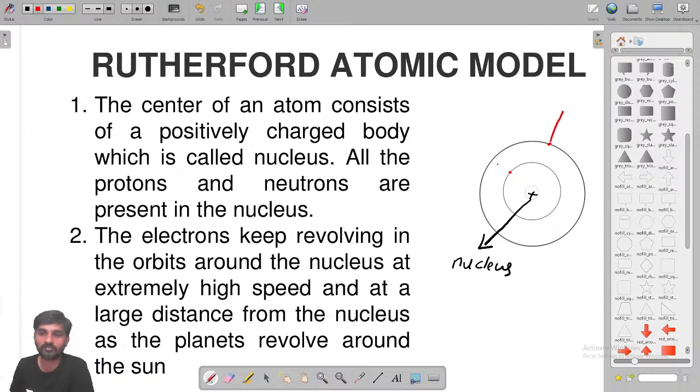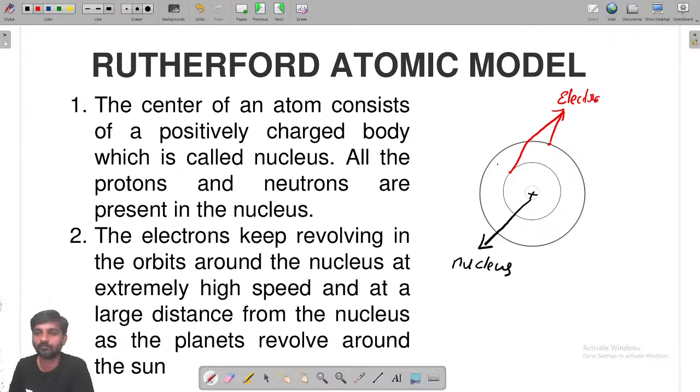What will they do, sir? They are revolving around the nucleus with high speed, at a large distance from the nucleus.